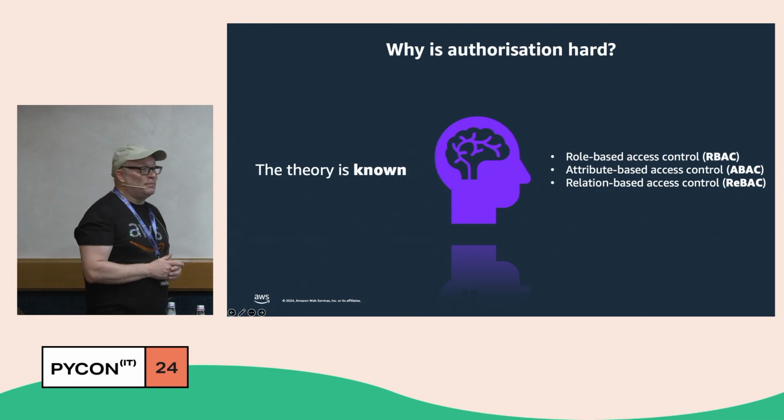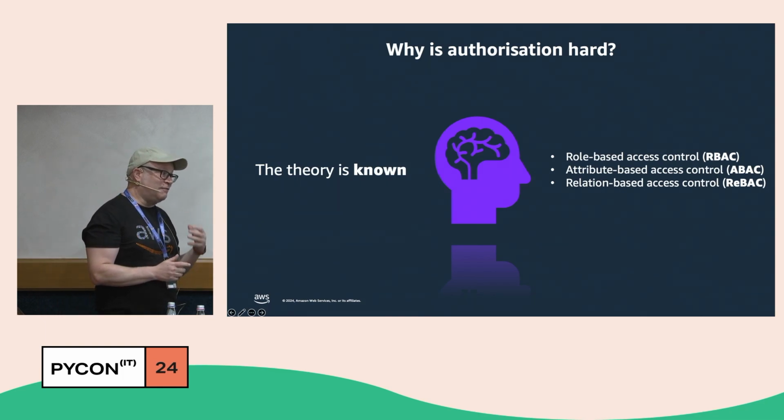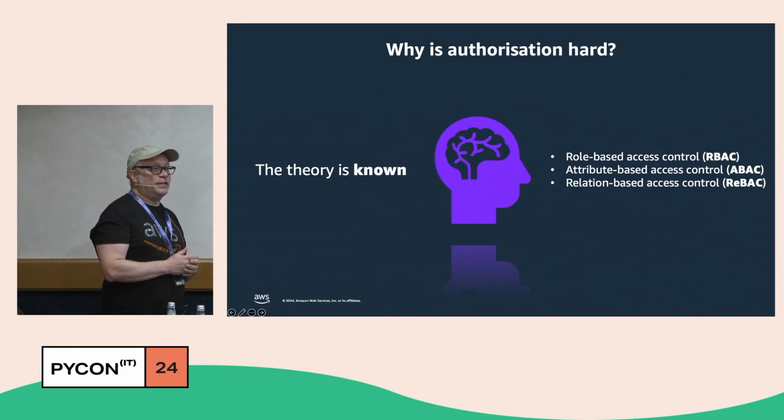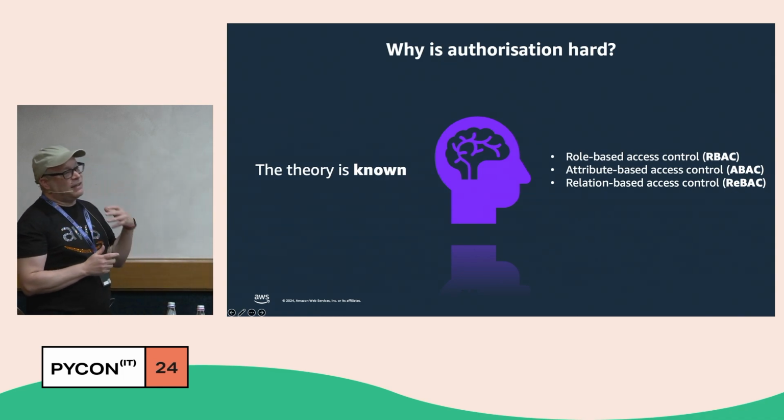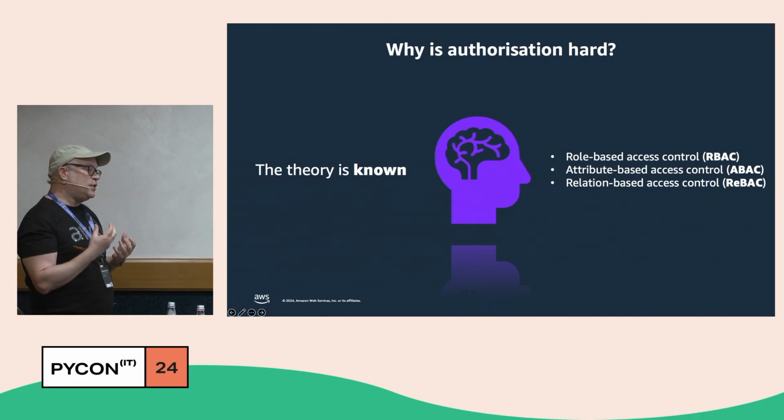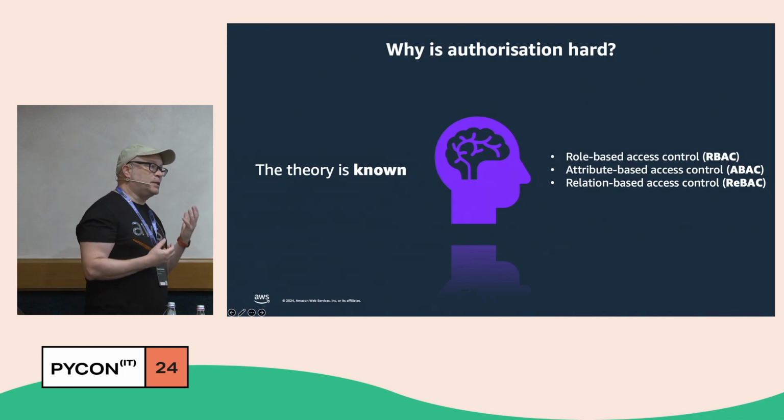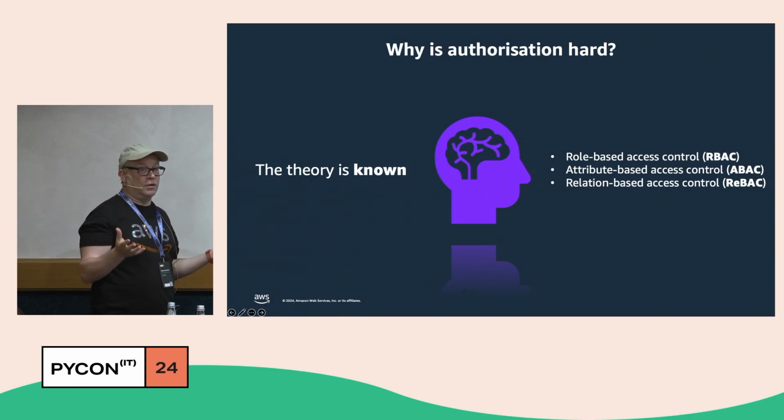ABAC, attribute-based access control, is where we define attributes of resources, typically used by social applications, and we govern access to those. These are very nice, very easy to use from a fine-grained perspective. But the problem is they're very opaque, and what that means is that it's very hard to know who has got access to what.